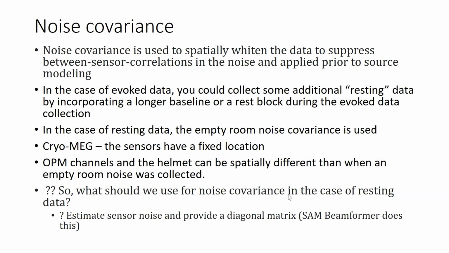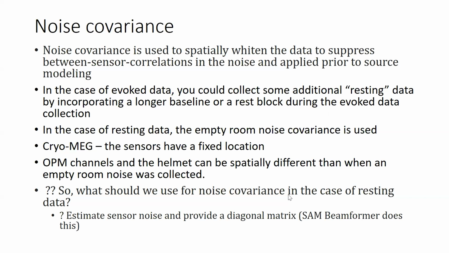In the case of other types of analysis, you may need a noise covariance. That is great if your system is fixed and your sensors are always in the same location. But what does it mean to make a noise covariance for something where it's variable? Where do you get an SSP noise file from?